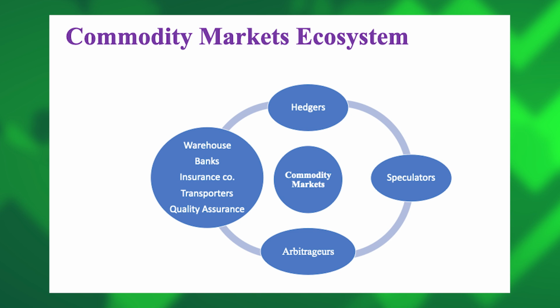The role of warehouses is very important because they issue different types of commodity receipts, and they help in the execution and settlement of the contract. So there are many participants playing their roles, far more than in the equity market. So the commodity market ecosystem is wider than the equity market ecosystem.